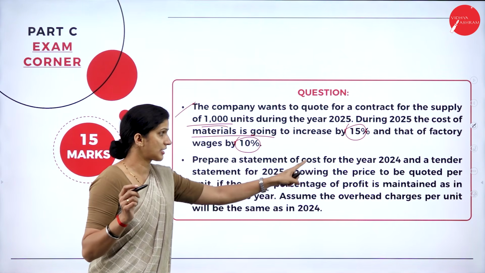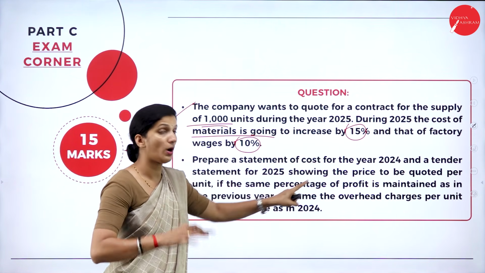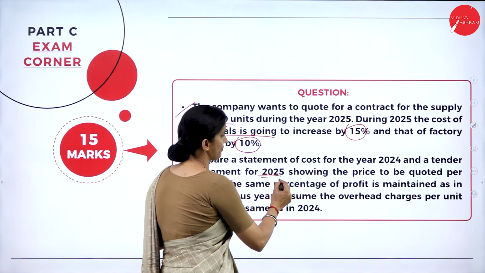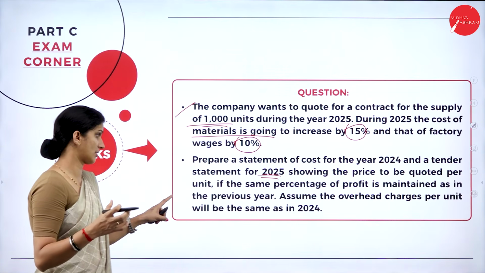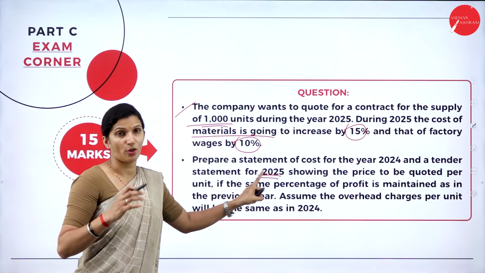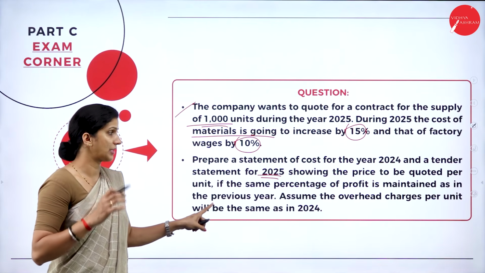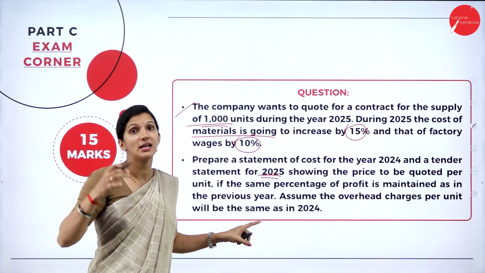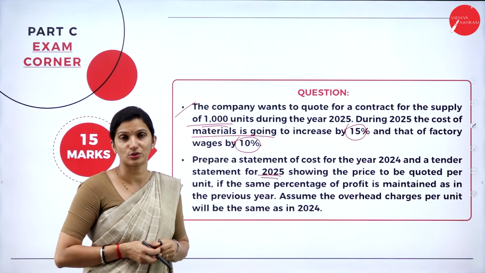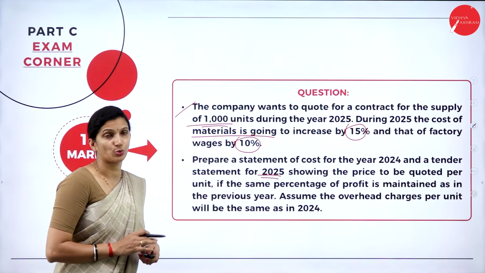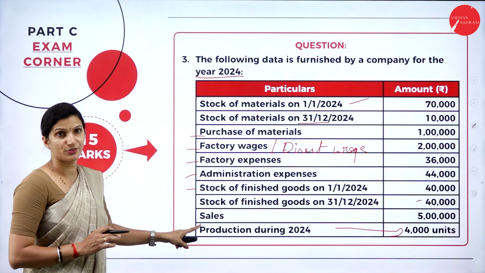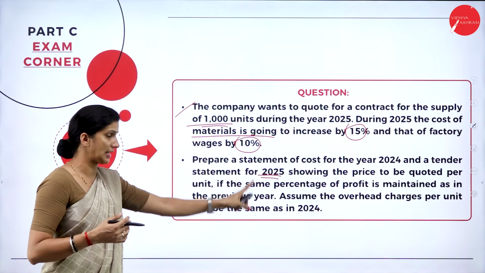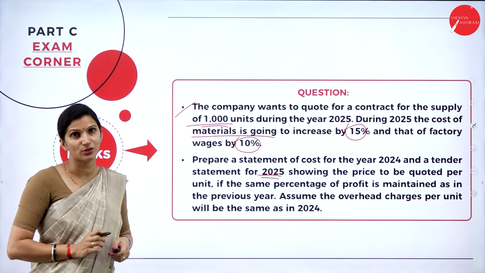Then we need to prepare a statement of cost for the year 2024 and a tender statement, that is an estimation for the year 2025, showing the price to be quoted per unit if the same percentage of profit is maintained as in the previous year. Assume that the overhead charges per unit will remain the same in the year 2025 as in the year 2024. So first we'll prepare one simple cost sheet for the year 2024. After that, we have to consider these details and prepare one estimated cost sheet.